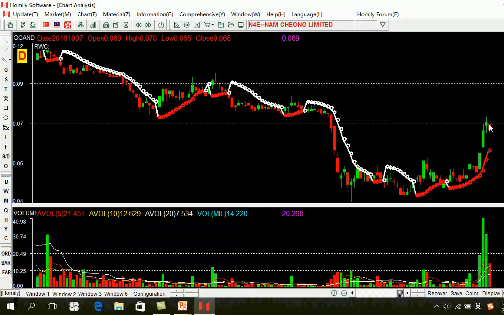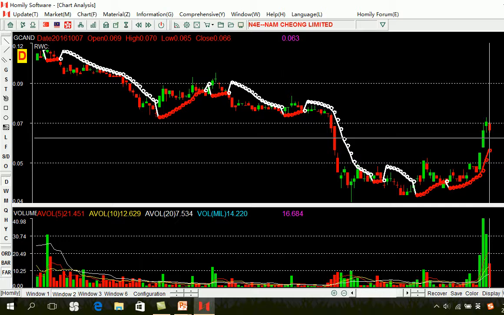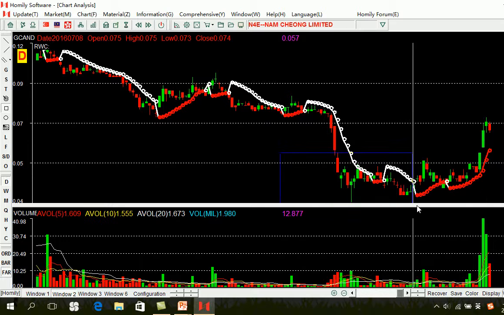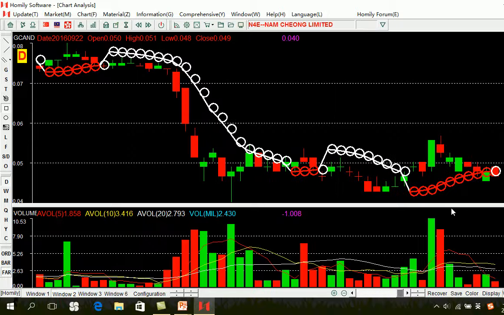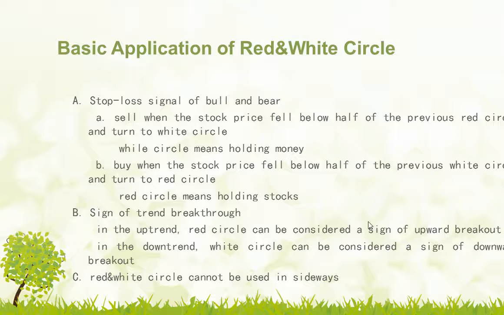This is the red circle, right? So you should know that. What does that mean? The price fell below half of the previous red circle, turned to a white circle, you should sell.